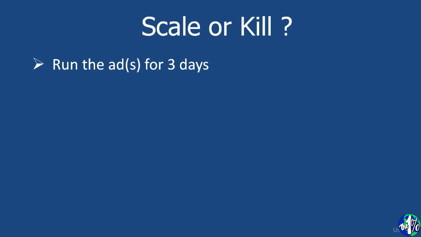Now, why 3 days? Well, it actually takes the Facebook algorithm a little bit of time, 24 hours, 48 hours, I don't know exactly, but it takes a little bit of time for it to actually start serving your ads up to the right people at a good cost. It's just kind of how their algorithm works. So, I feel they do a kind of scatter approach at the beginning, obviously based on the targeting that you've done.